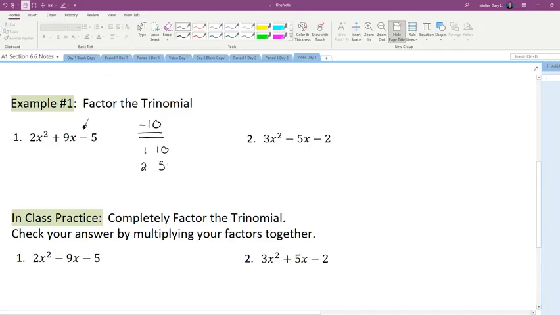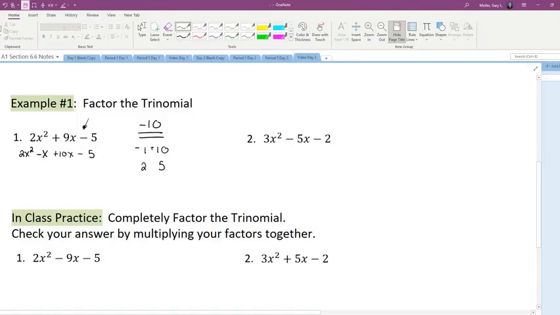We want to subtract to be a positive 9. So that means if I make the 1 a negative and the 10 a positive, that multiplies to be negative 10, and it adds to be a positive 9. So I'm going to rewrite the problem. 2x squared minus 1x plus 10x minus 5.